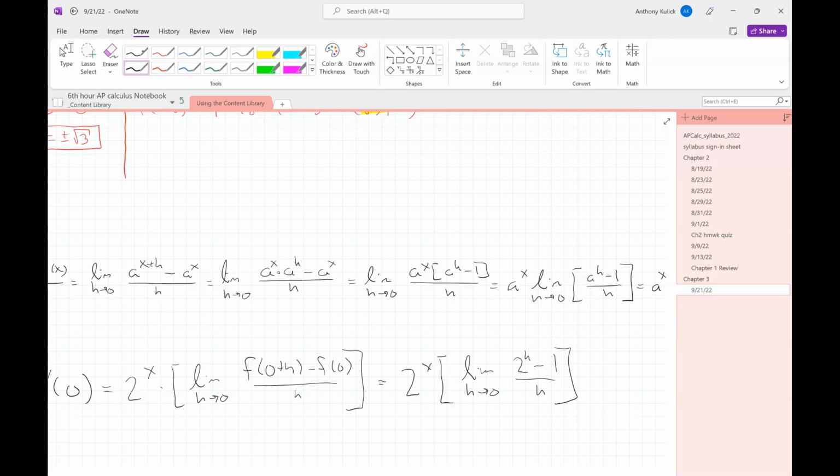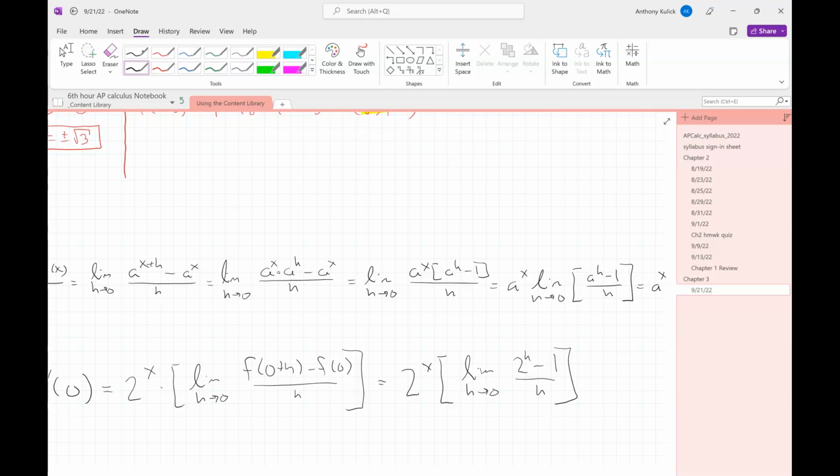Now notice that I can't evaluate that limit using direct substitution, right? What else could I do, though? What other ways can I evaluate a limit if I can't use direct substitution?